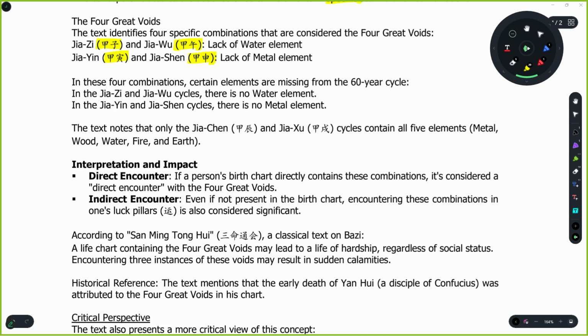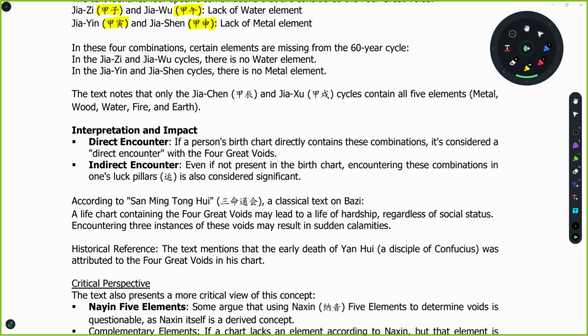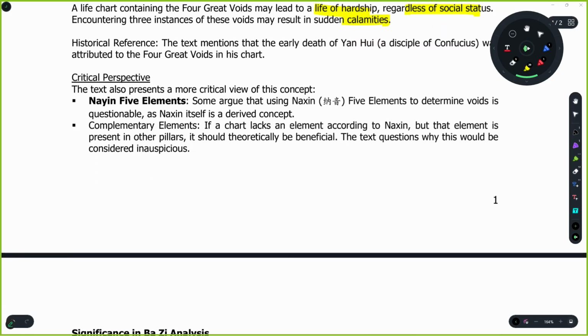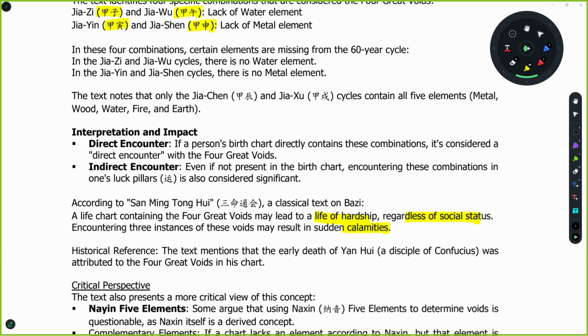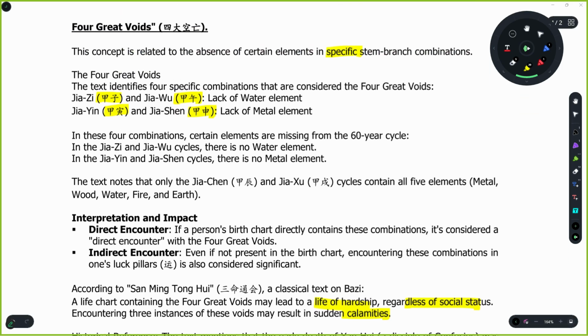And if it's a missing element, the ancient text considers that these mean hardship in life, lack of social status, and of course sometimes sudden calamities. So these are what we call the 4 great voids. With the exception of Jiachen and also Jiaxi, which contain all the 5 elements in the group.